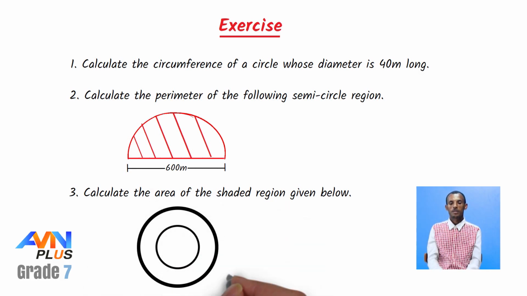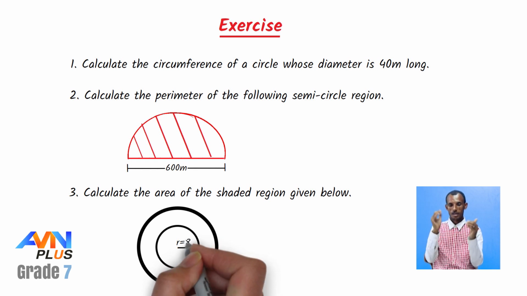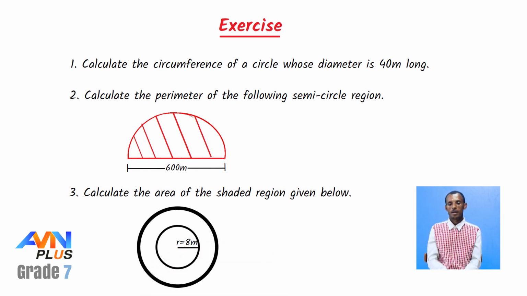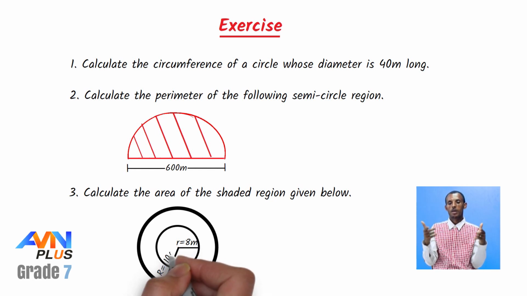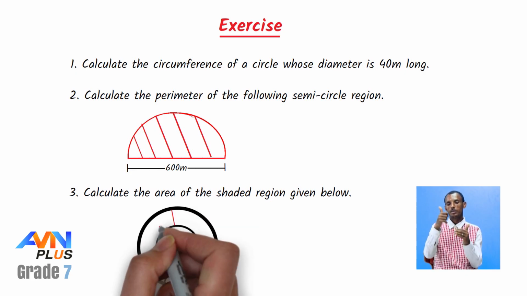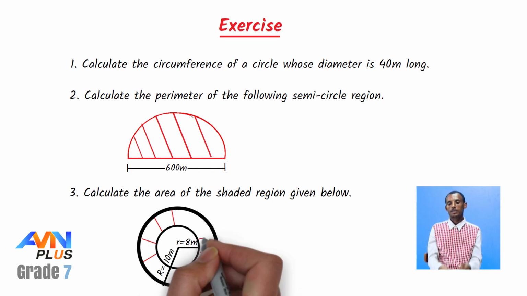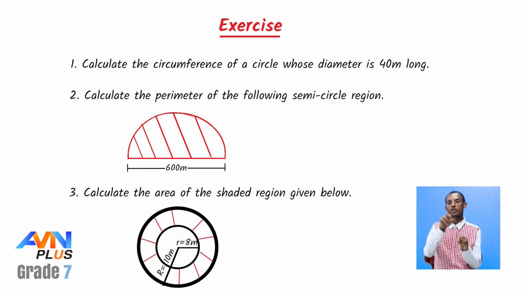The radius of the smaller circle is given to be 8 meter, and the radius of the bigger circle is 10 meter, and the shaded region is this one. You are asked to calculate the area of the shaded region.